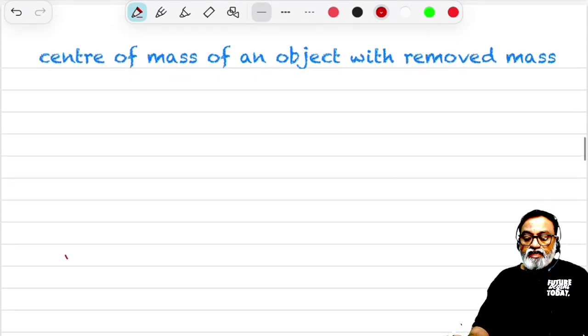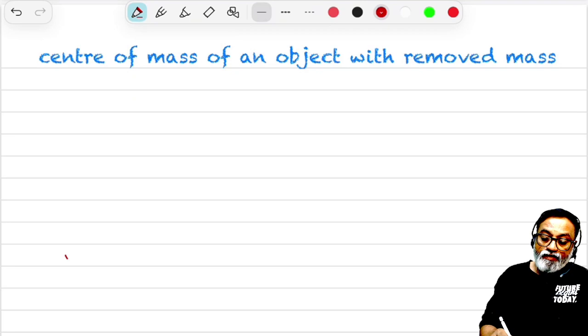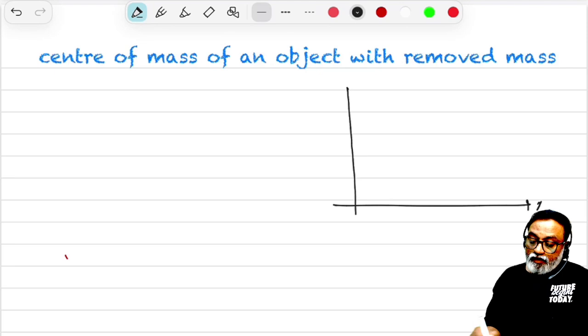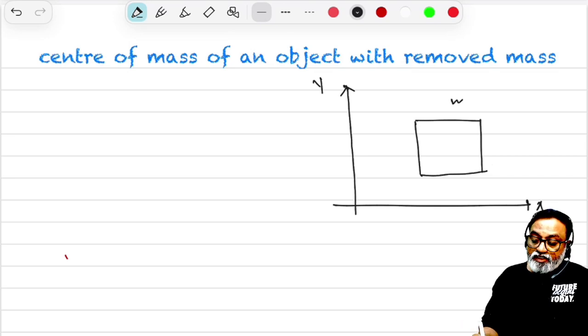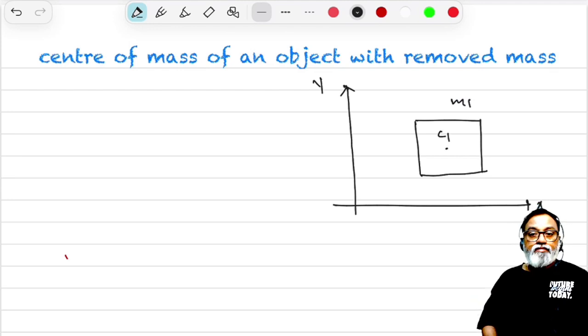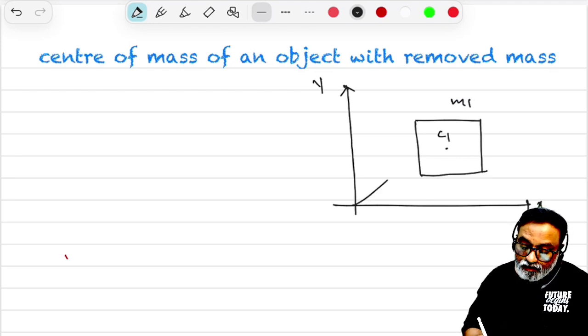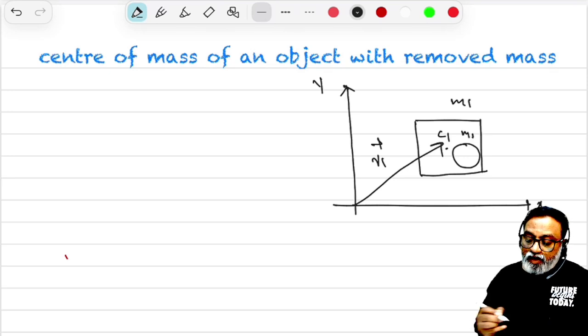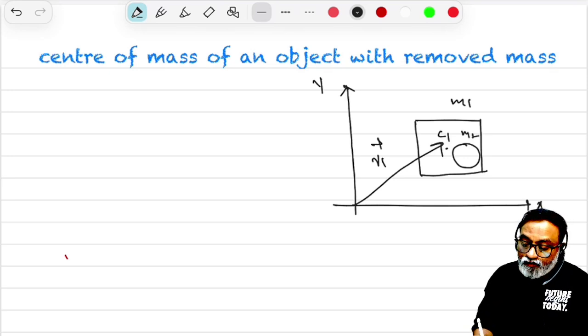Next one, center of mass of an object with removed mass. With a removed mass, it's a very, very important one. For example, here is the original mass object. Its mass is M1. First, we have to locate the center of mass of this original object, C1. Therefore, its position vector of center of mass is R1 bar. From this, we removed some mass M2. Therefore, the removed mass center of mass is C2.